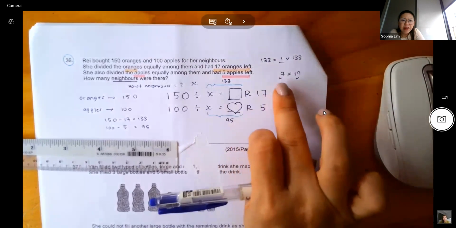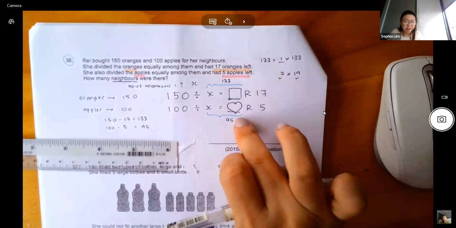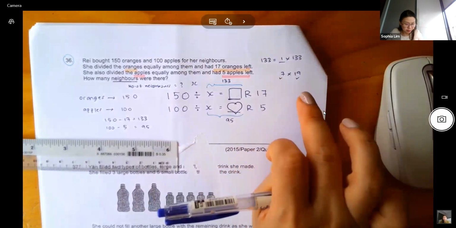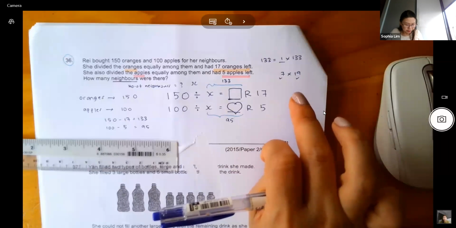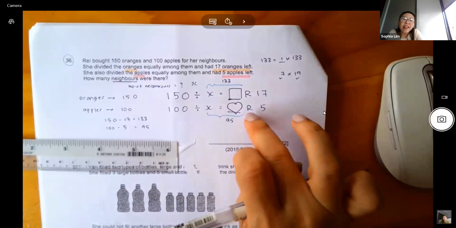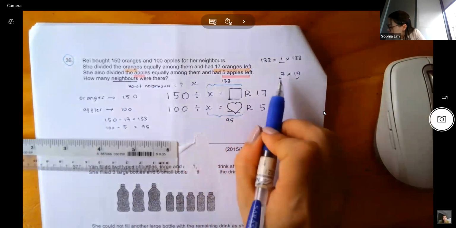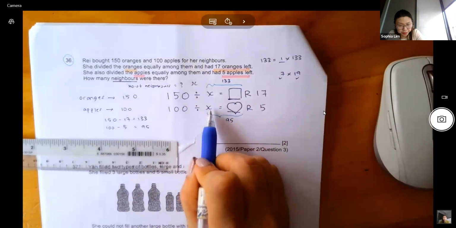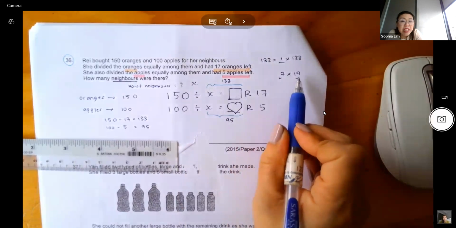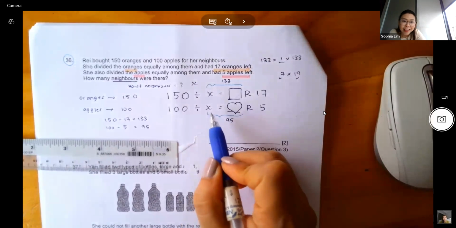Can 95 be divided by 7? Or can 95 be divided by 19? If 95 can be divided by 7, at least I know X is 7. If 95 can be divided by 19 without any remainder, then we know that X is 19.